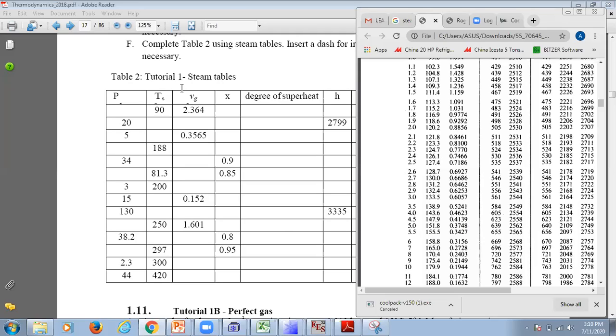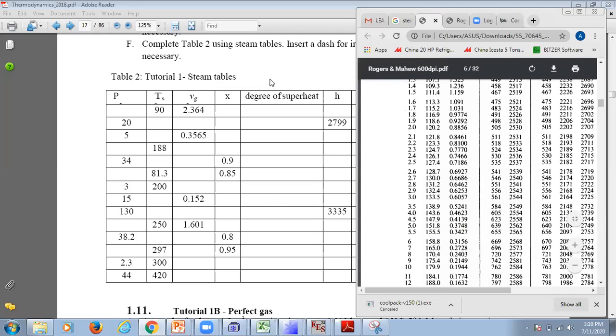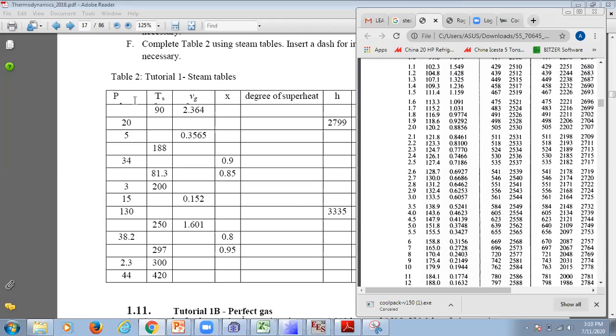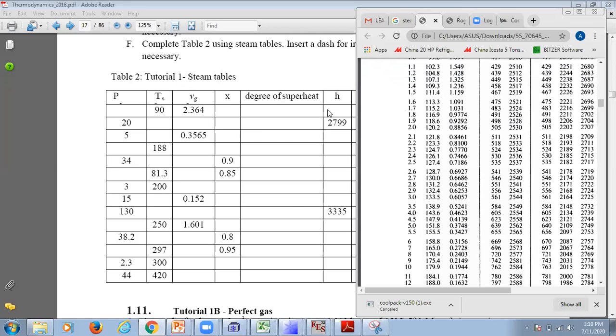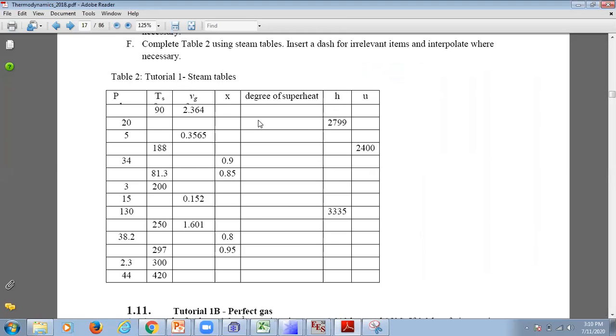Likewise, this is for your self-study. So you take this tutorial table, the partially filled one, and take the reference of this, Rogers and Mayhew or even Coolpack. Try to fill this. This is the coursework really.